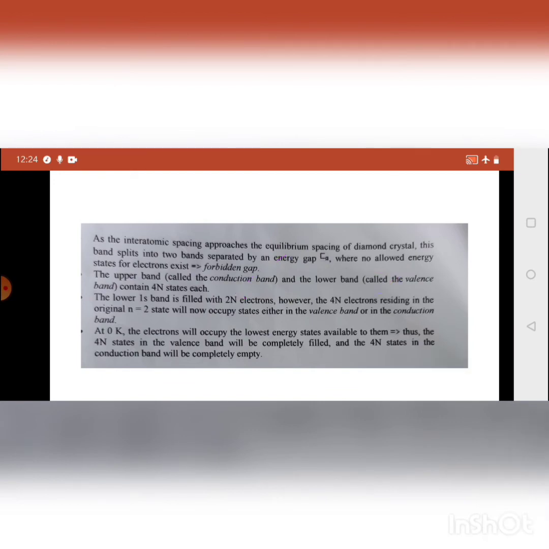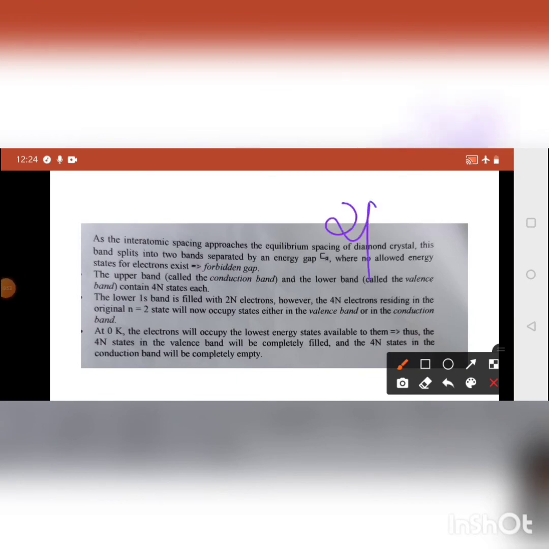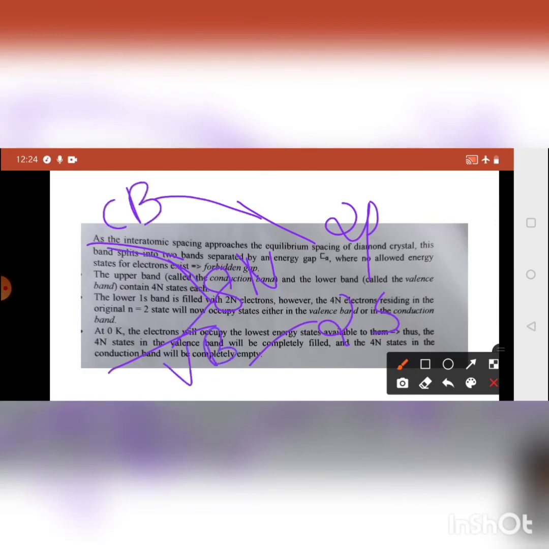So the 2s and 2p states merged together with a capacity of 8n electrons, and this has been separated into two bands, conduction band and valence band. So 8n electrons can occupy either the conduction band or the valence band.